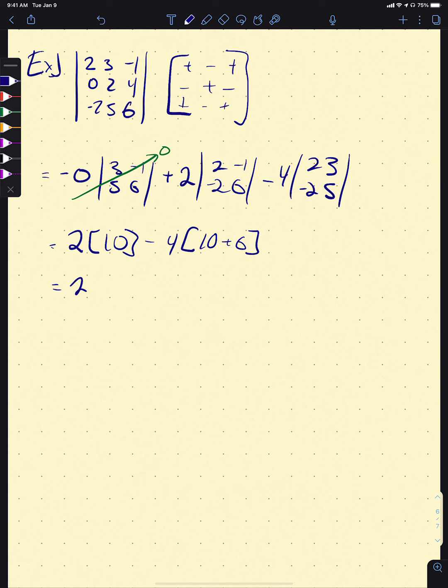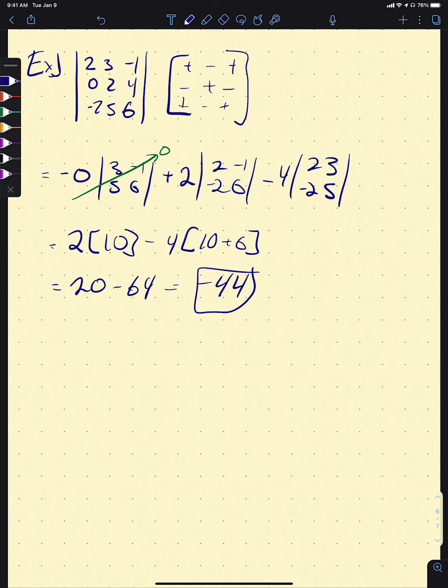So that looks like it's going to be 20 minus 64, which is indeed -44, just like we showed right here. So again, we can't prove this using the tools from our course, but you can prove that it doesn't matter which row or column you expand on, you're always going to end up with the determinant, okay?